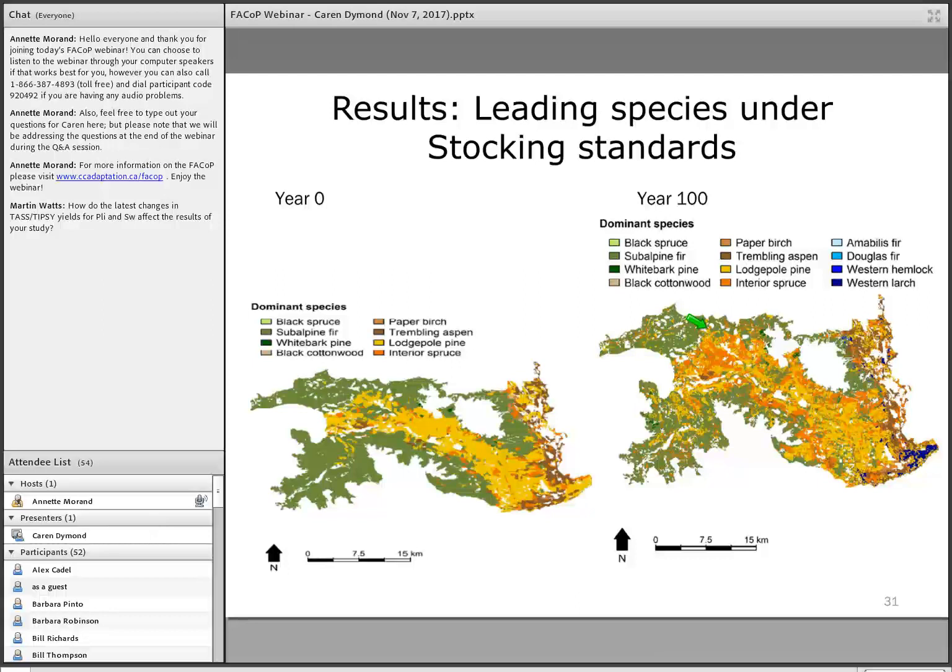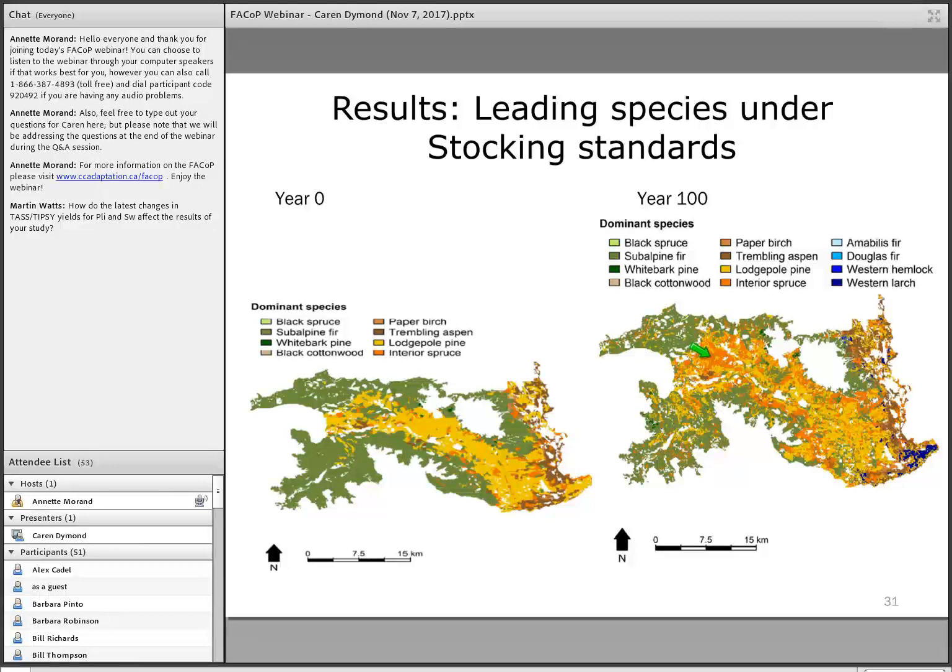Okay, so let's first look at tree species diversity. This is the run under stocking standards, year 0, which is 2014, and year 100. There's a lot of this olive green color, which is the alpine fir, the gold color, which is lodgepole pine, and then on the eastern edge is the brown trembling aspen.